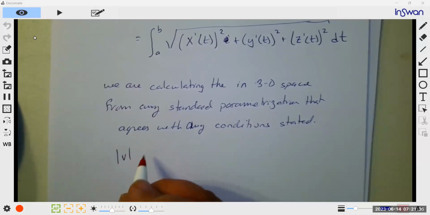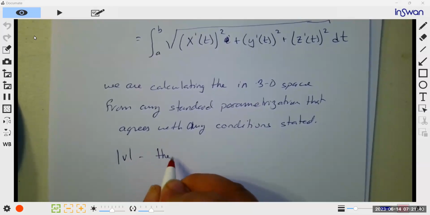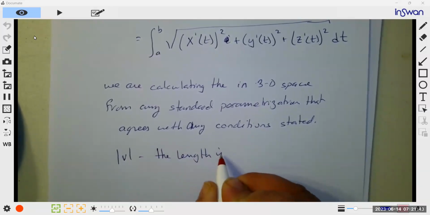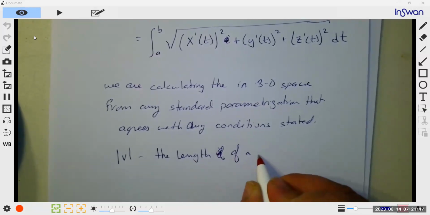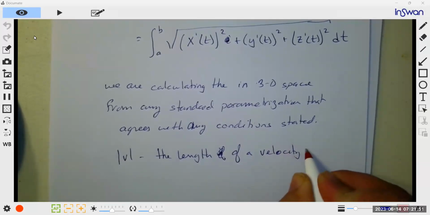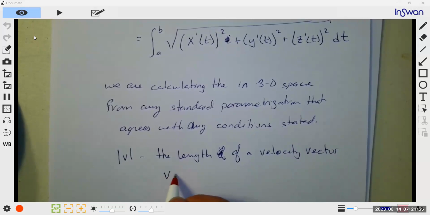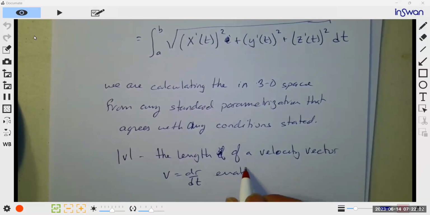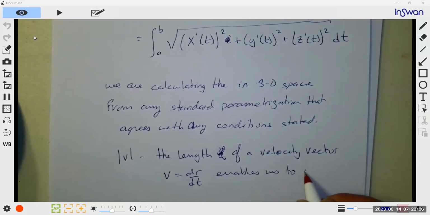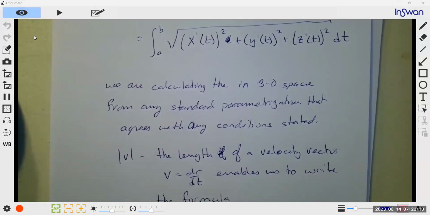So this tells us that the length of a velocity vector v, which is dr dt, enables us to write the formula for the length of an arc.